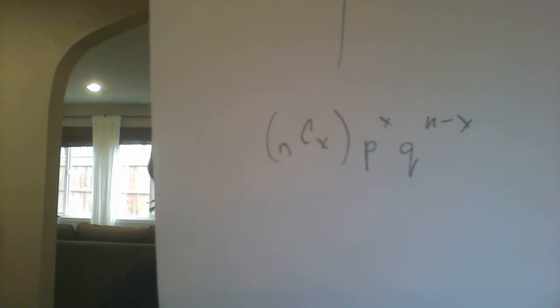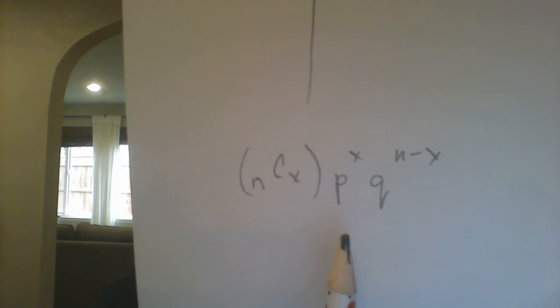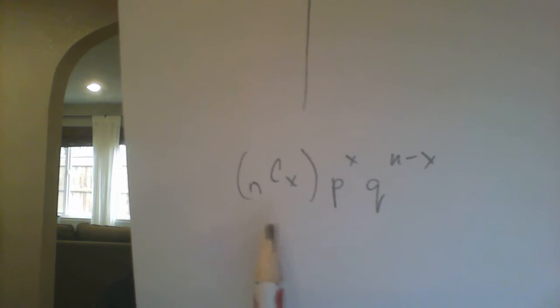then you would use that formula that we came up with in class in 6.2, right? So you'd use n choose x times p to the x times q to the n minus x.